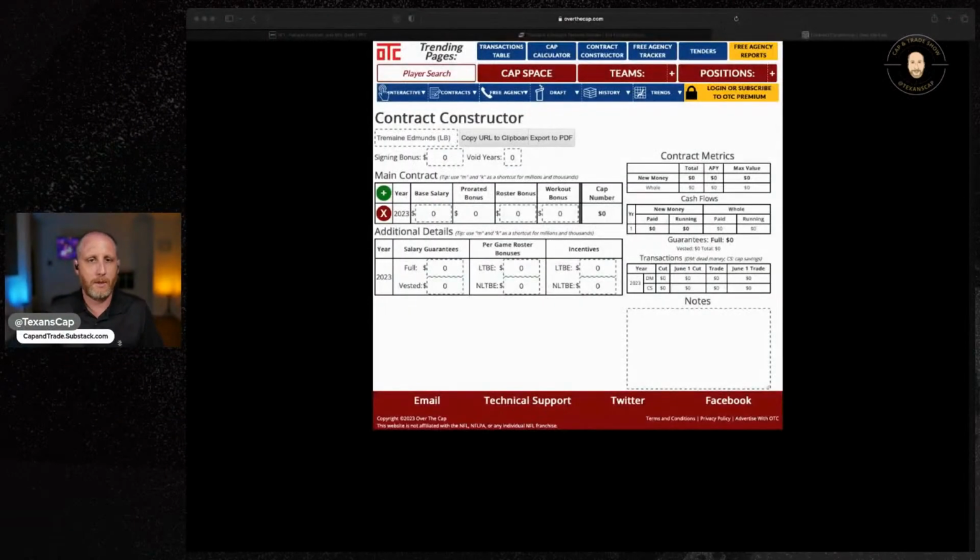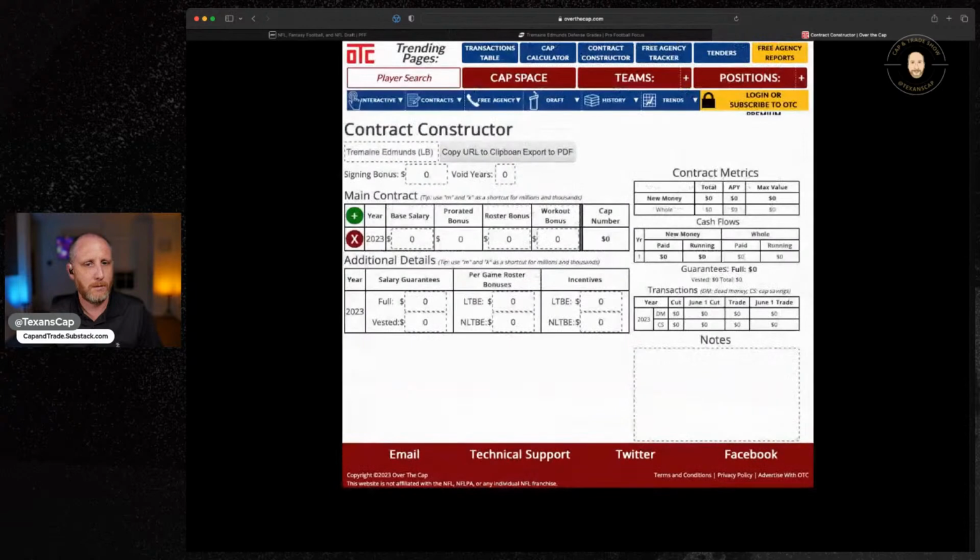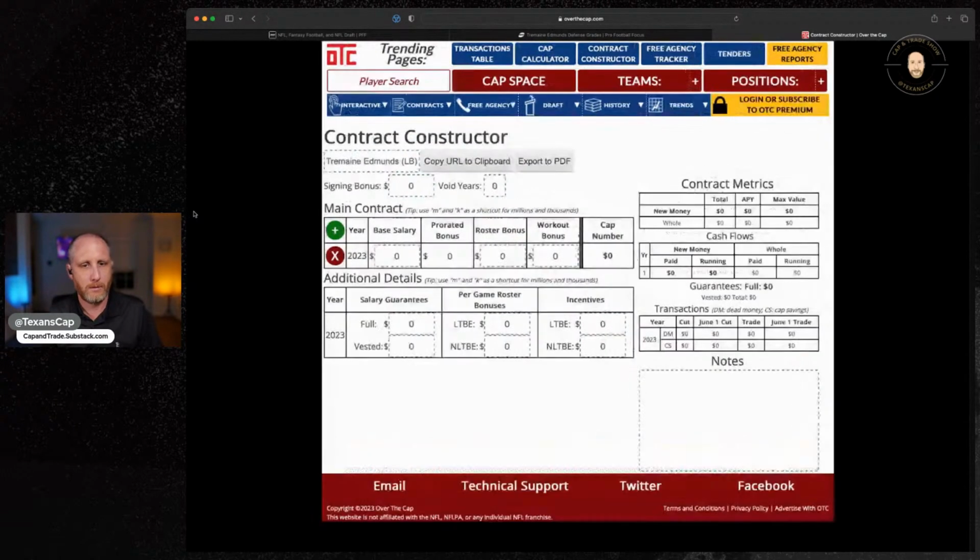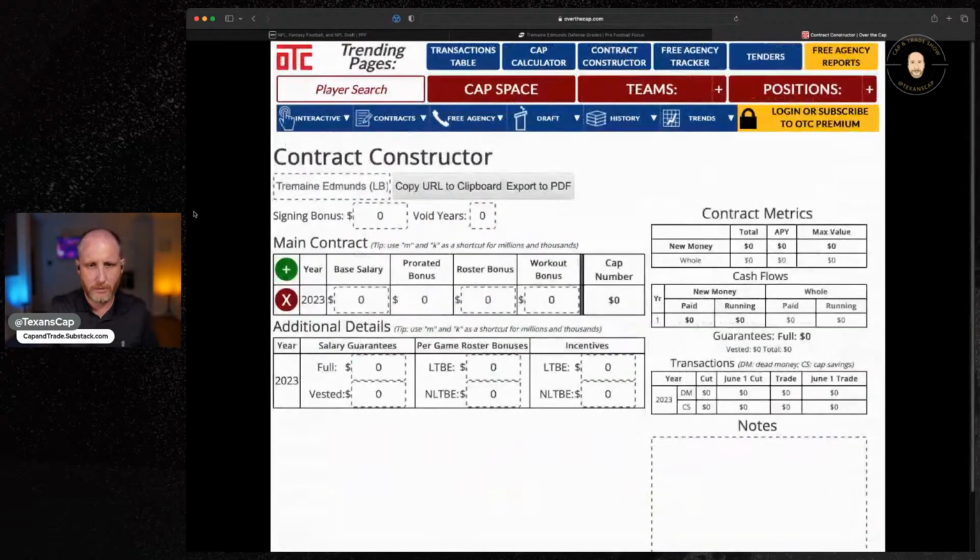So let me share screen. Contract constructor. All right. There we are. Let me get the view up a little bit. Is it Command Plus? All right. Make sure that looks all right. So everybody can see that.